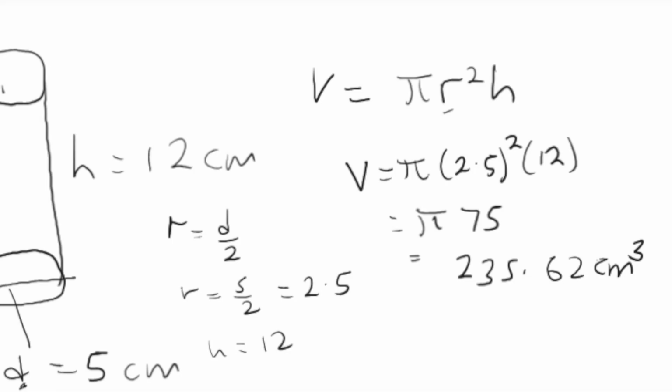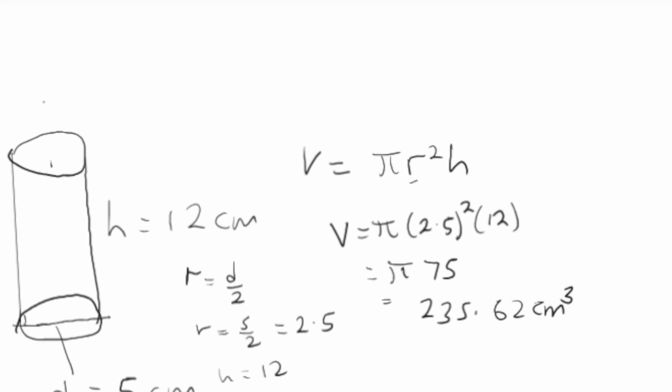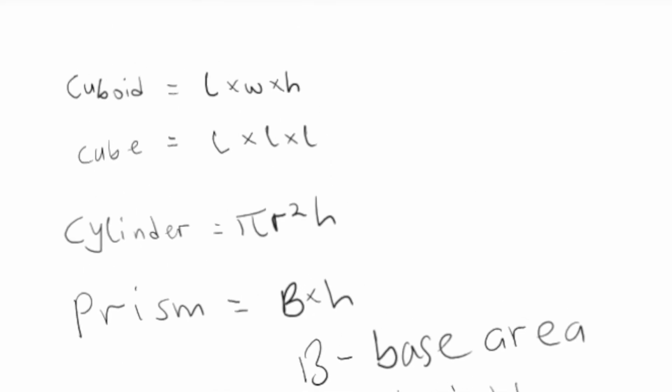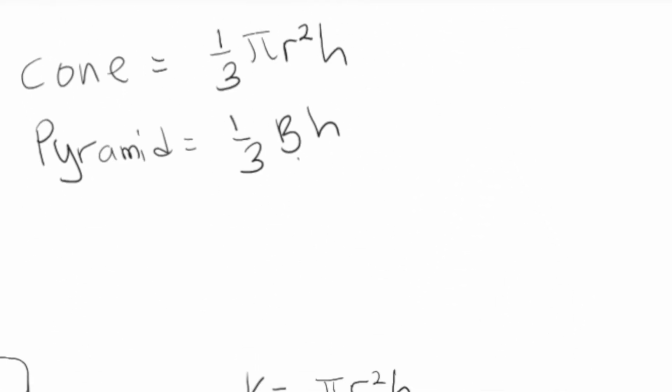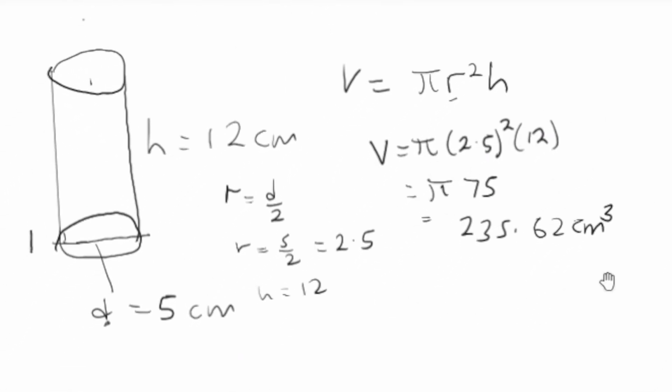So it's all this formula way. If the shape is a prism, you use the formula. If the shape is a cylinder, you use the formula. Sphere, you use the formula. So all the formulas are here, and you just put in your values and work it out.